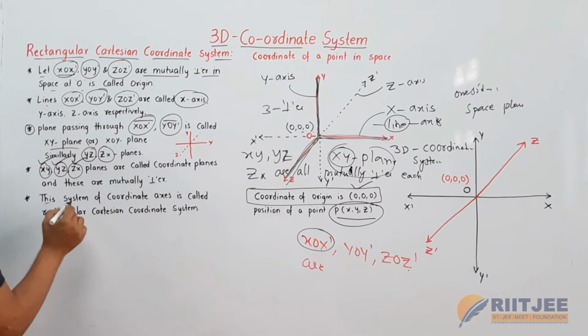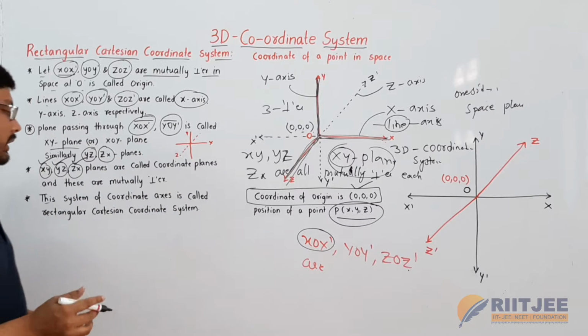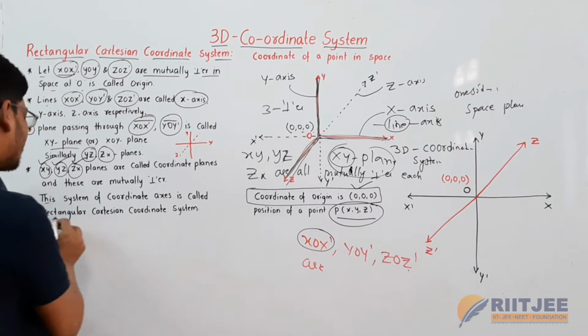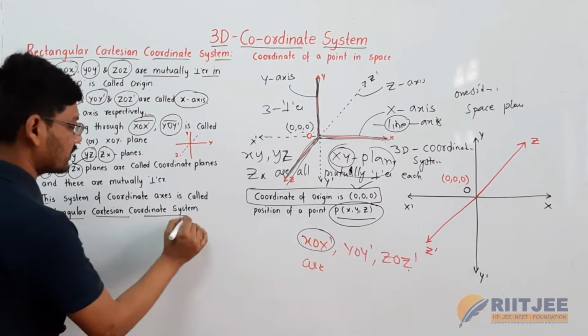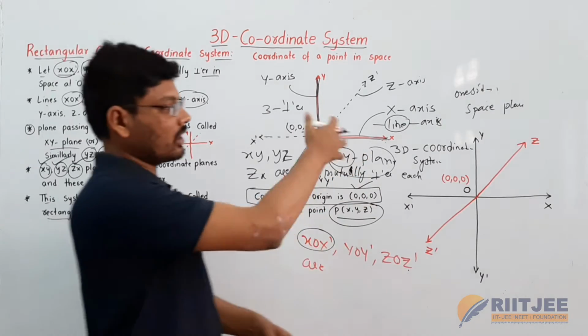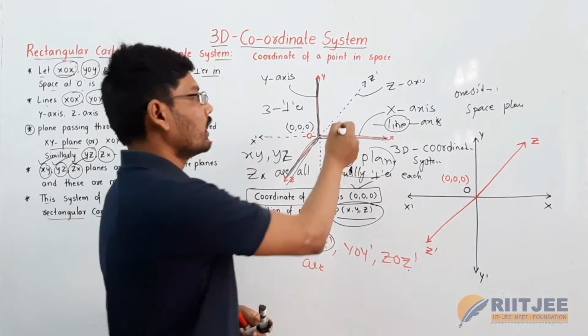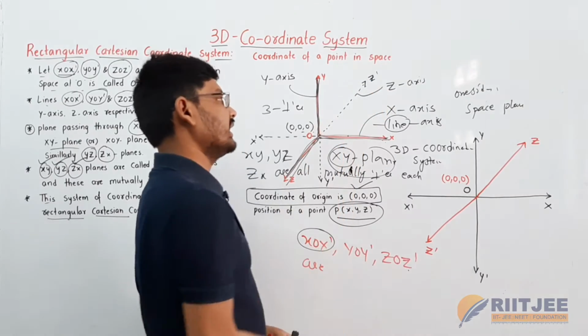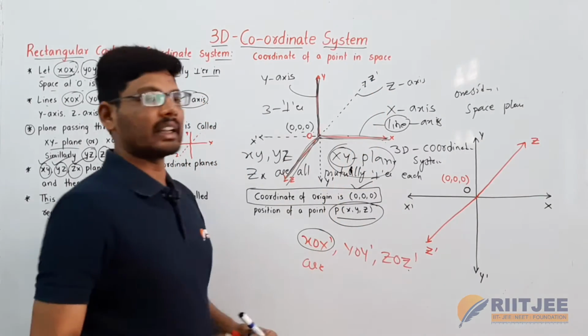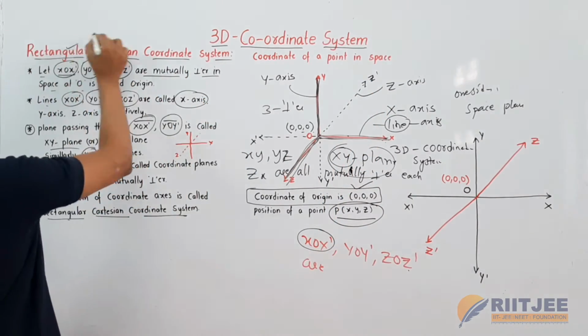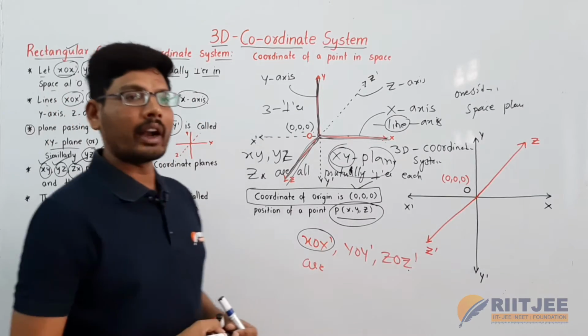And then this coordinate system is completely called the rectangular coordinate system. The complete package of axes, origin and planes is nothing but the rectangular Cartesian coordinate system.